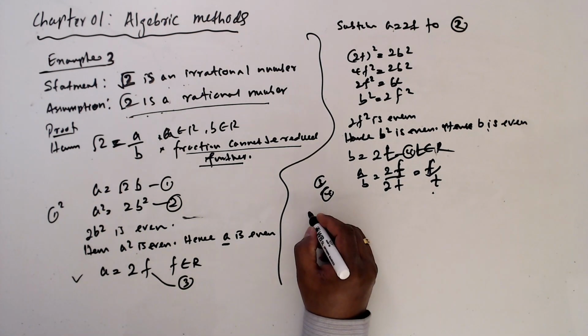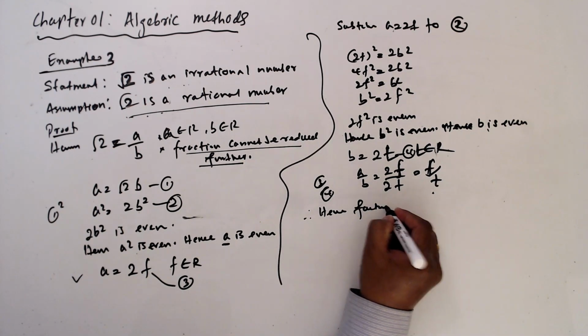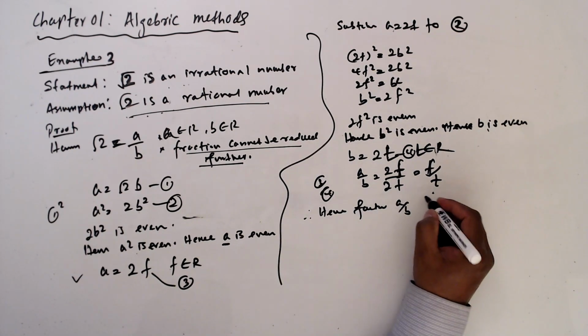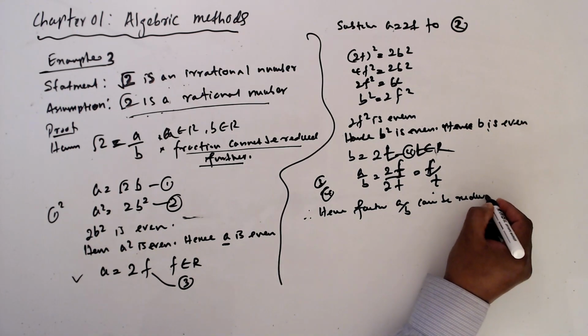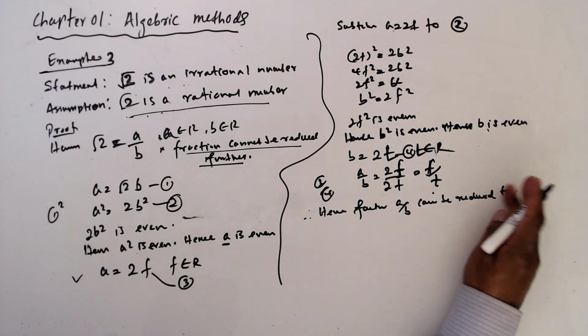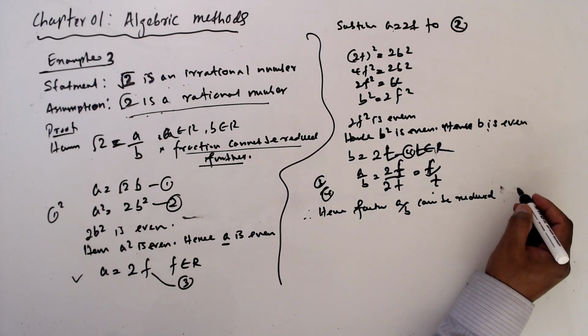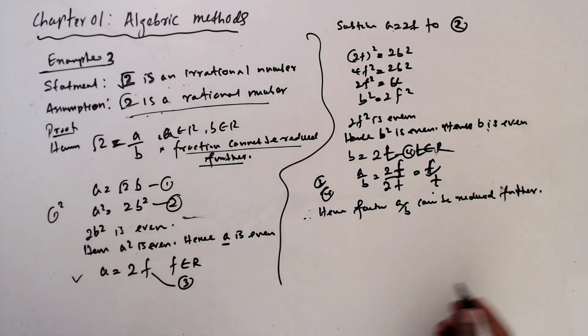Then you can conclude, hence, the fraction a over b can be reduced further. Now this is a contradiction.